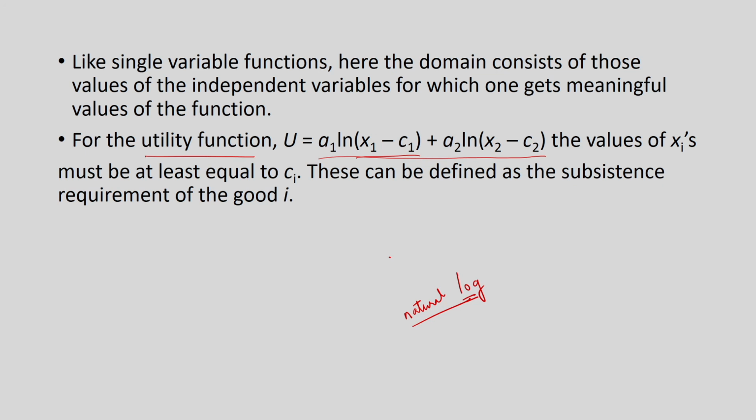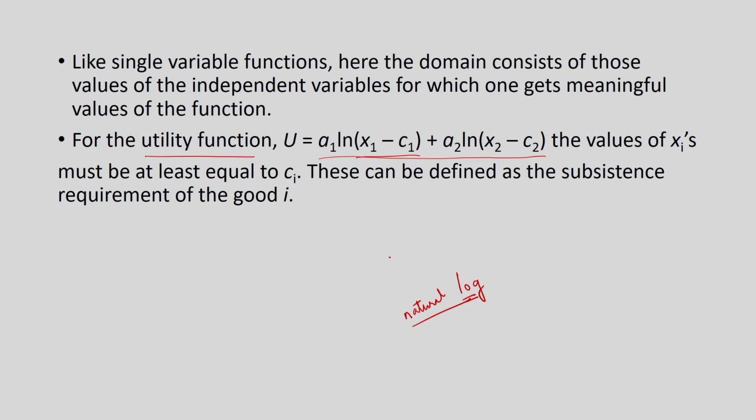So, what are xi's? Xi's are the amounts of goods that a particular consumer consumes. So, xi is the amount of good xi which the particular consumer consumes. In this case xi has to be greater than or equal to ci. That basically can be interpreted as ci being the subsistence requirement of consumption of a particular good.